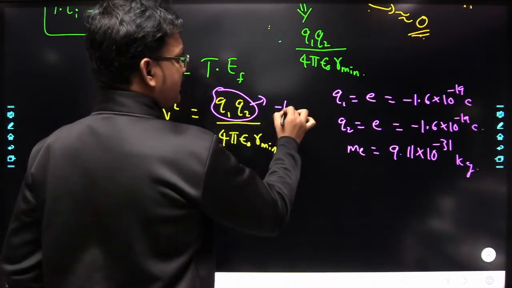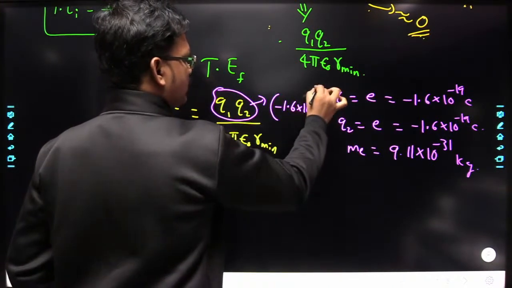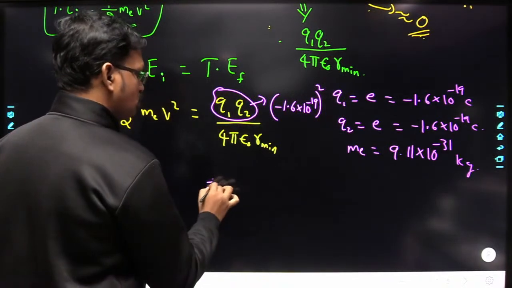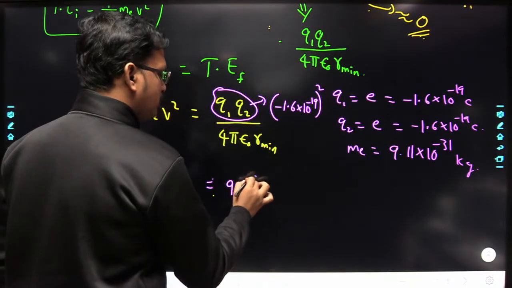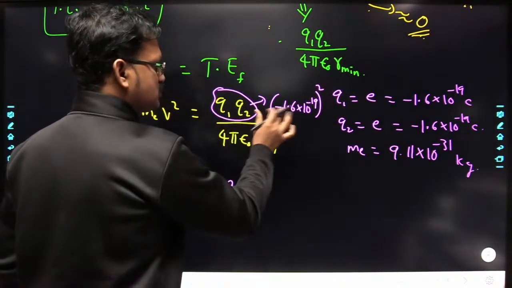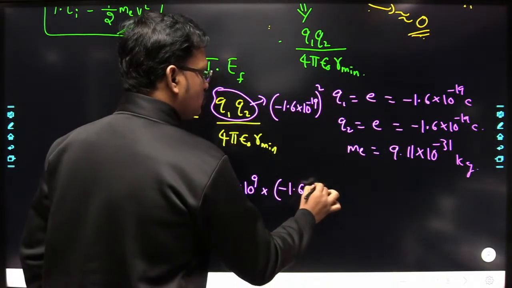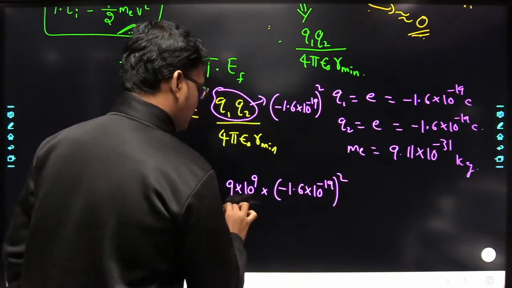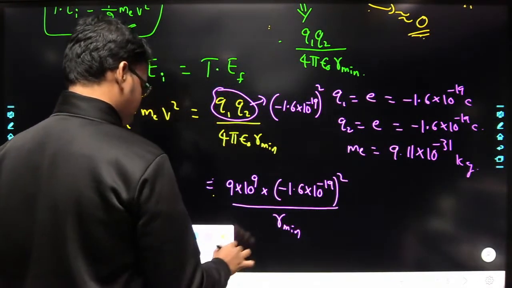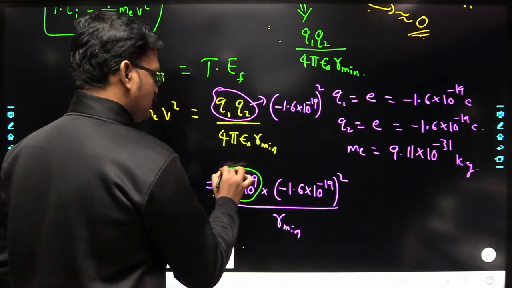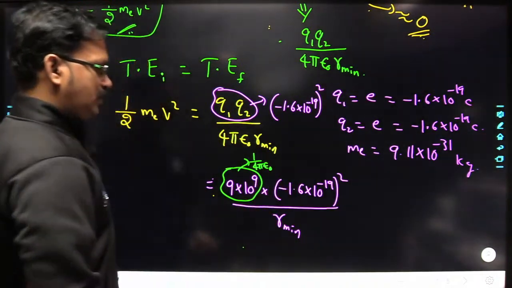Here you will get minus 1.6 into 10 to the power of minus 19 whole square, right? 1 by 4 pi epsilon naught is 9 into 10 to the power 9. So into minus 1.6 into 10 to the power of minus 19 whole square divided by R minimum. So this is nothing but the 1 by 4 pi epsilon naught value.